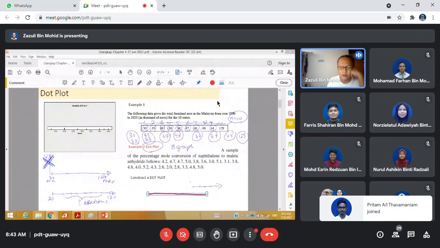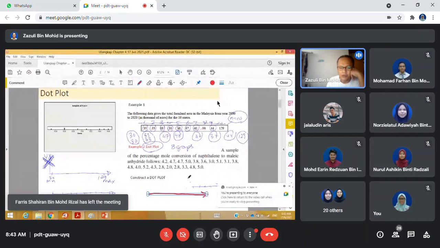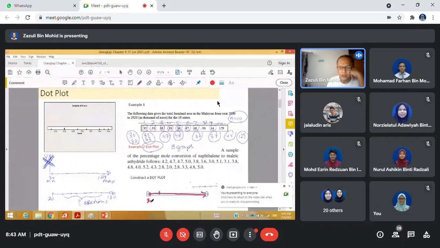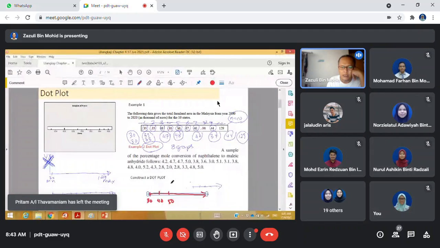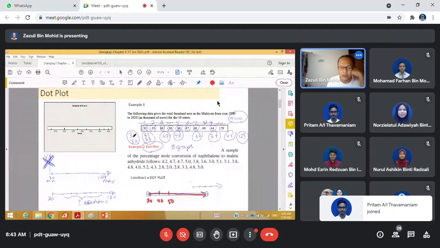You can just draw the line like this, and then if you have the values here, maybe this is 30, 40, 50. Okay, when you have data 30 and 30, you can just put it like this. Okay, the first data, and then the second data.